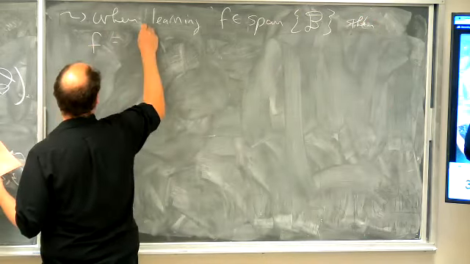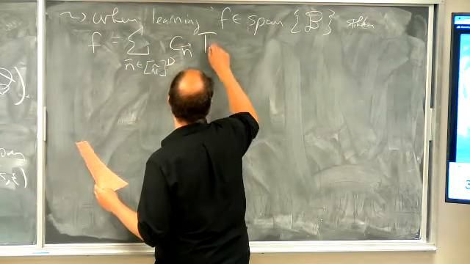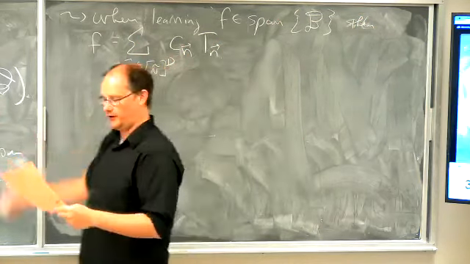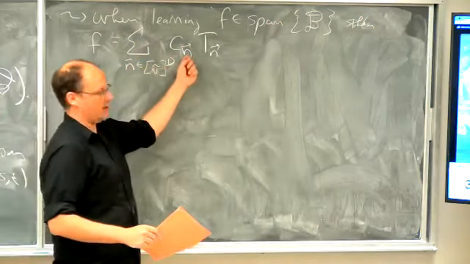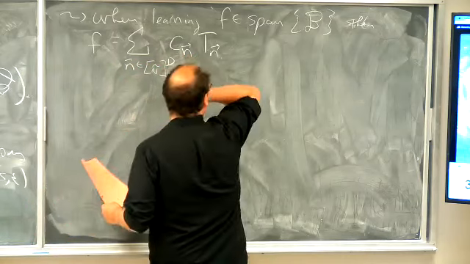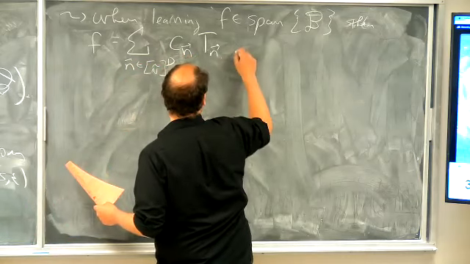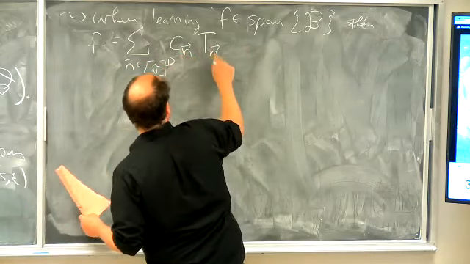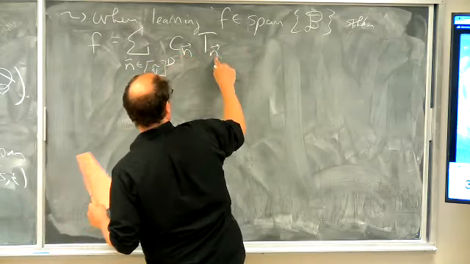So we want to learn what the c sub this index vector is. So that's what it is to learn this function. So we need to learn the coefficients and the support if it's sparse.